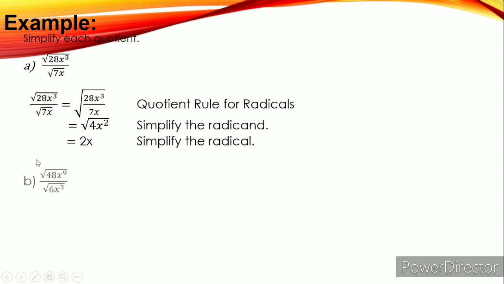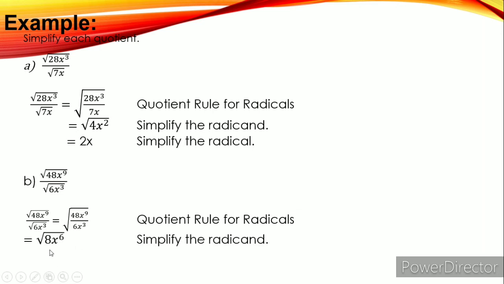Then, letter B example. Square root of 48x with exponent of 9 divided by square root of 6x cubed can also be written, by the quotient rule for radicals, as square root of 48x with exponent of 9 divided by 6x cubed. Then, that equals square root of 8x with exponent of 6.